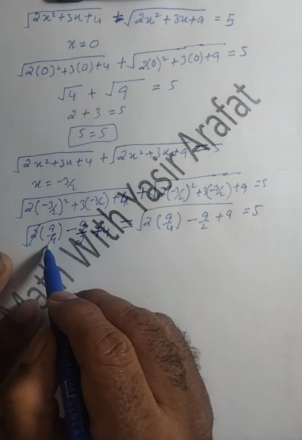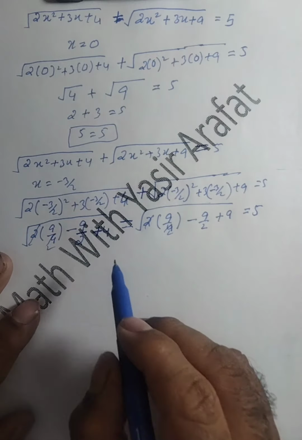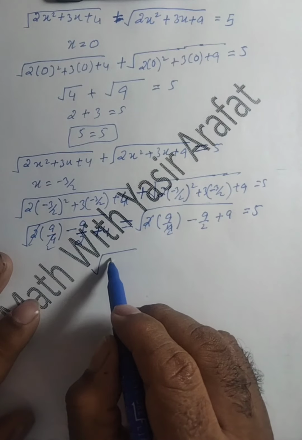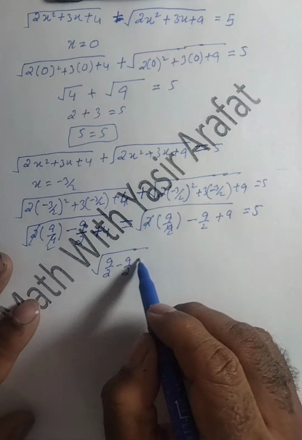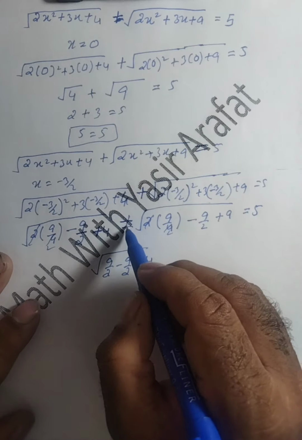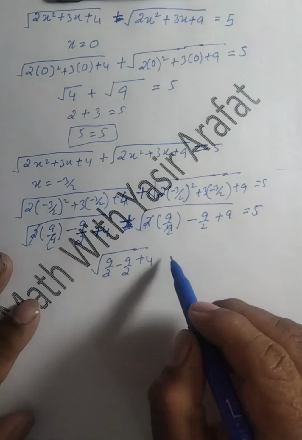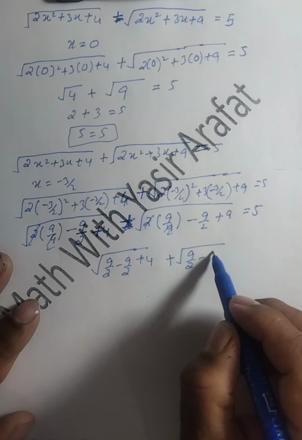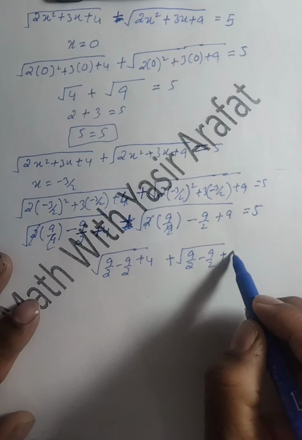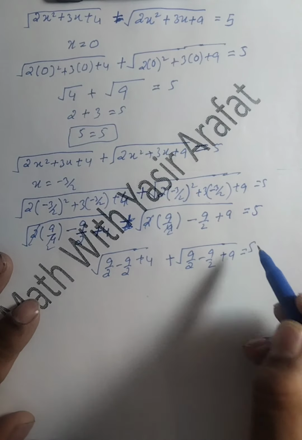And this is 2 2s are 4, 2 2s are 4, and in the radical here this is 9 upon 2 minus 9 upon 2 plus 4. Sorry, this is plus. Plus here this is 9 upon 2 minus 9 upon 2 plus 9, that is equals to 5.